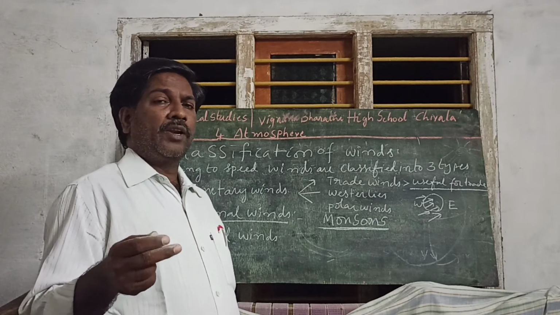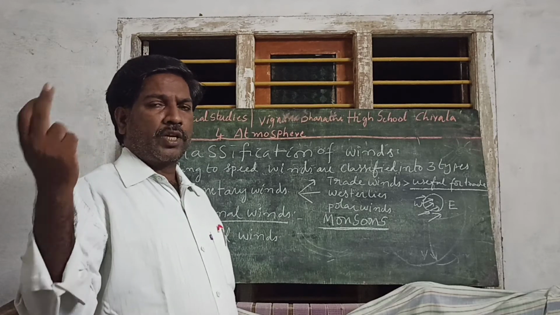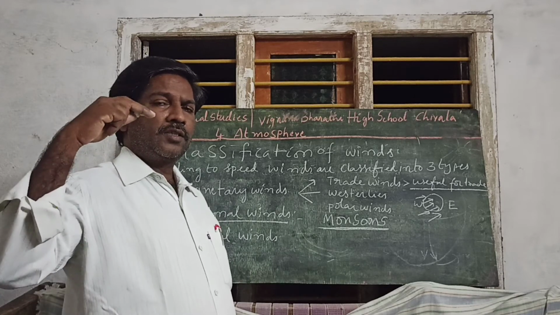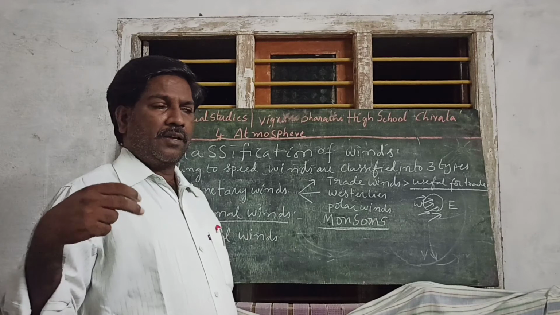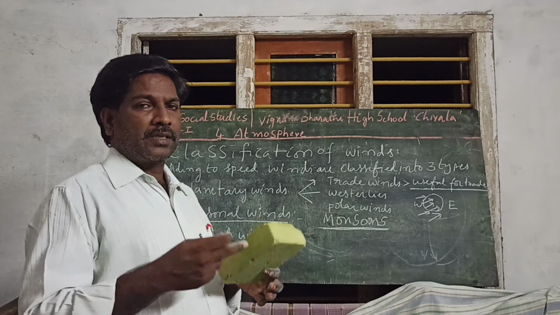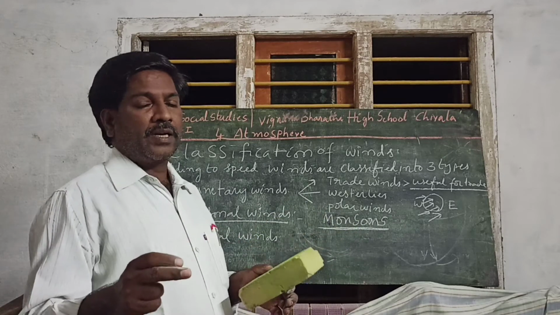Hot wind moves from the surface of the land towards the ocean area, and where it is cool, the breeze comes from the ocean to the surface of the land. Between them, there is a lot of difference in temperature and air pressure.